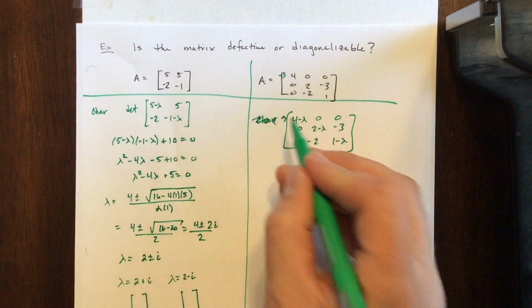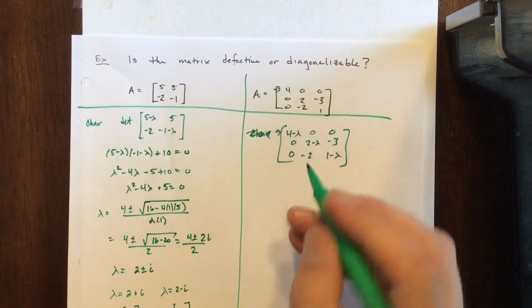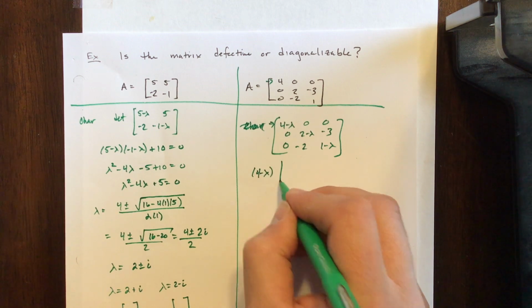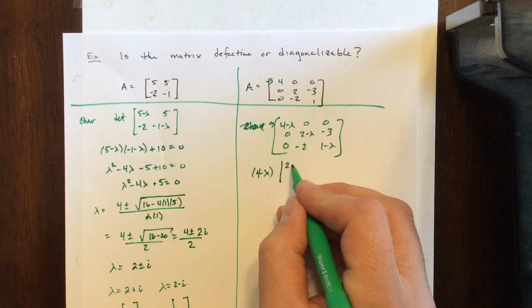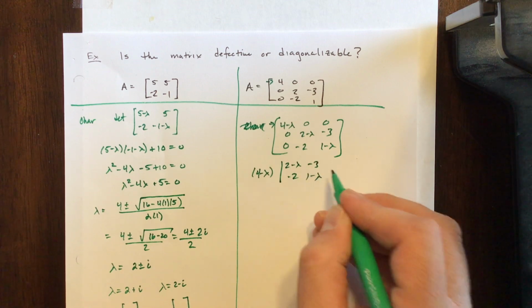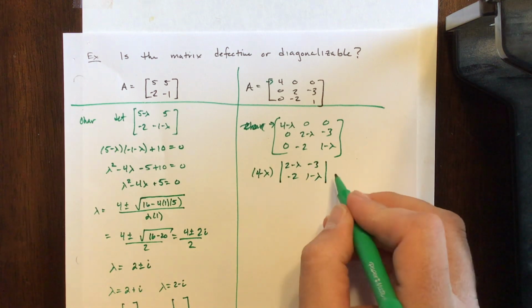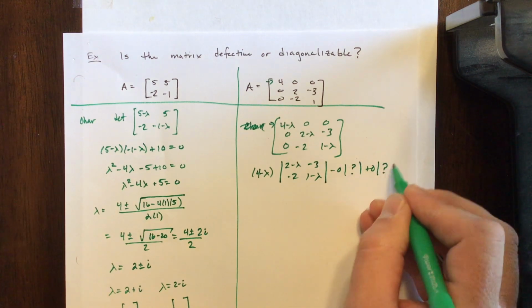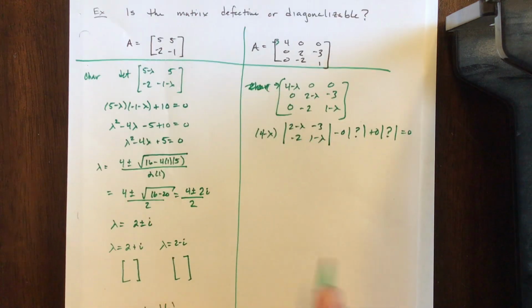So now we take the determinant of this. We get 4 minus lambda times the determinant of 2 minus lambda, negative 3, negative 2, 1 minus lambda, minus 0 times, doesn't matter, plus 0 times, doesn't matter. We're going to set that equal to 0.